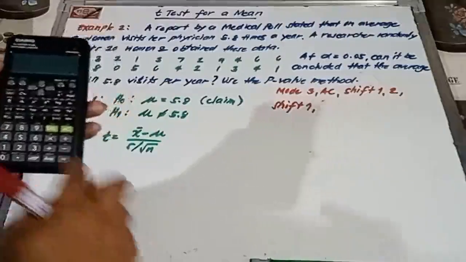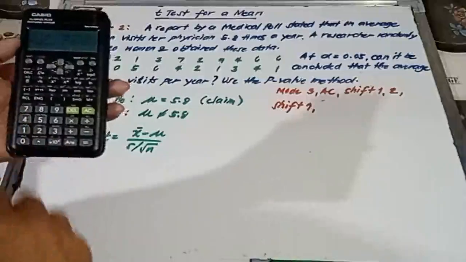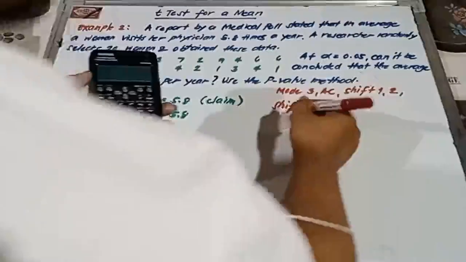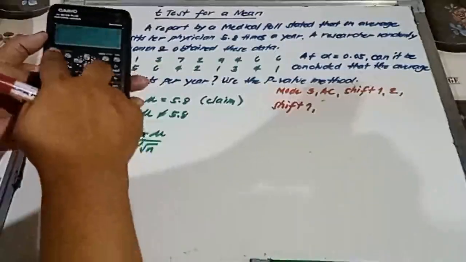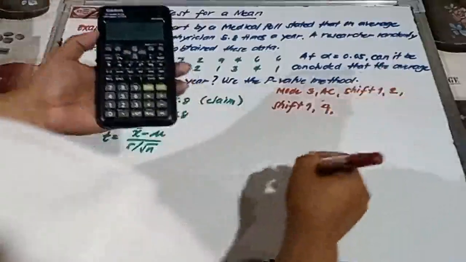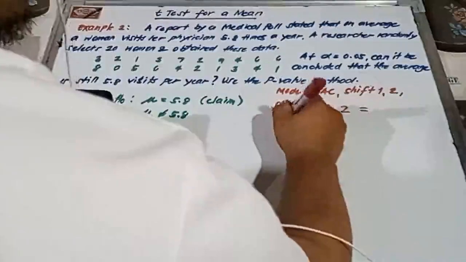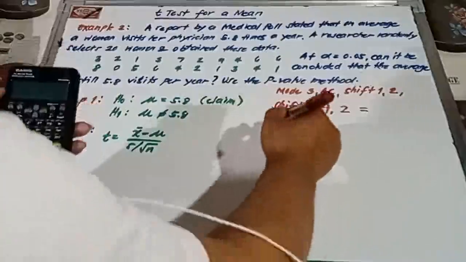So, tama. Then shift stat for variable 2. Okay? Shift stat variable ay 4. Kunin natin ay 2. Then equals. So, ang ating mean ay 3.85.